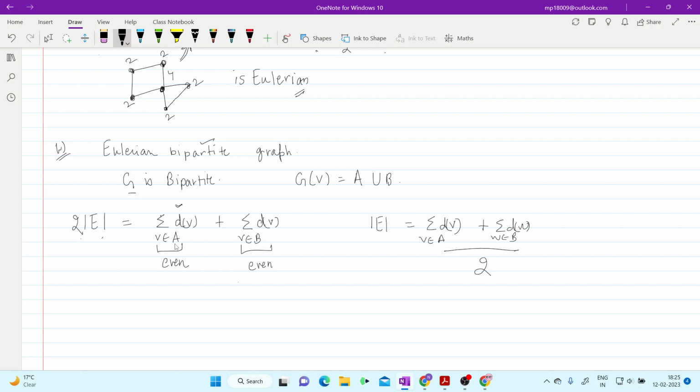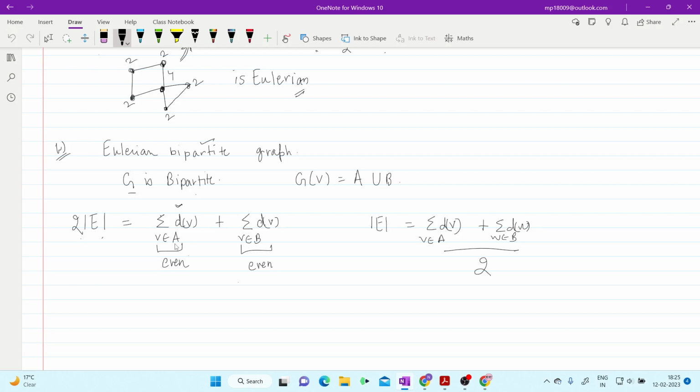If we are given that G is a bipartite graph, is there any relationship between the sum of degrees of vertices in A and the sum of degrees of vertices in B? They are equal, yes, right?